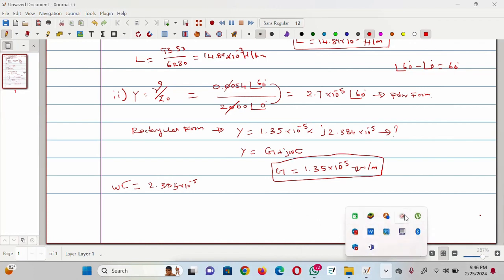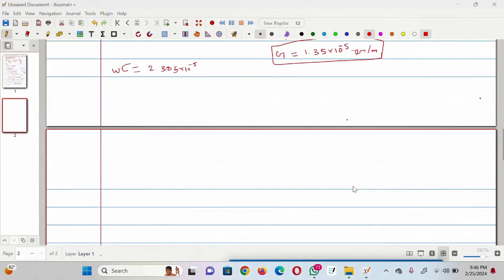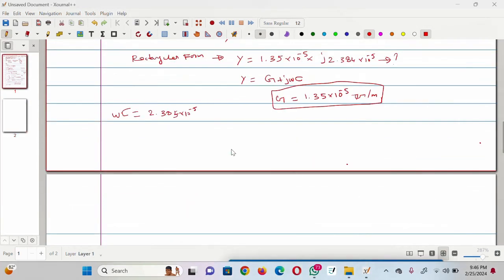Sorry for the delay. So omega C equals 2.384 × 10 to the power of minus 5, and we need only the C value. So divide by the omega value, which we already know is 6280.